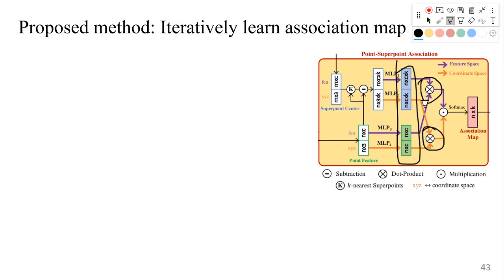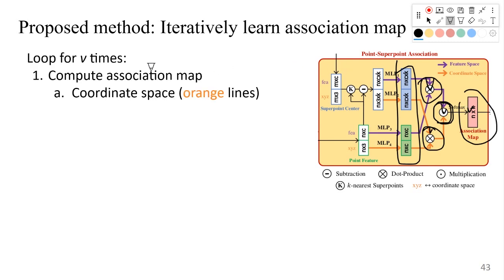After we get these two, we merge them by element-wise multiplication, and finally we will get this. Okay, we will discuss these detailed operations right now.